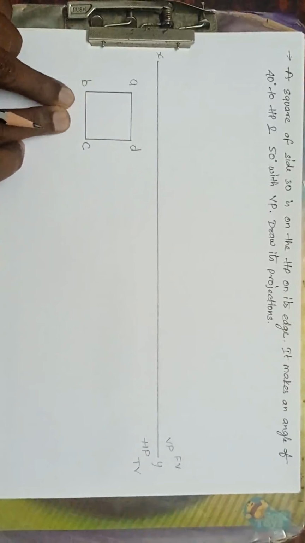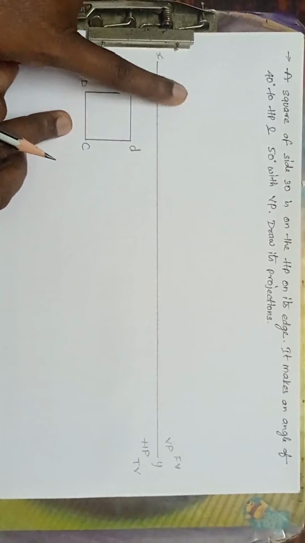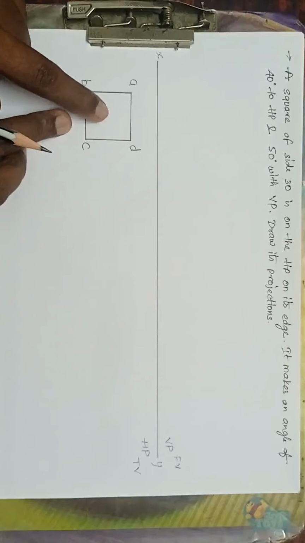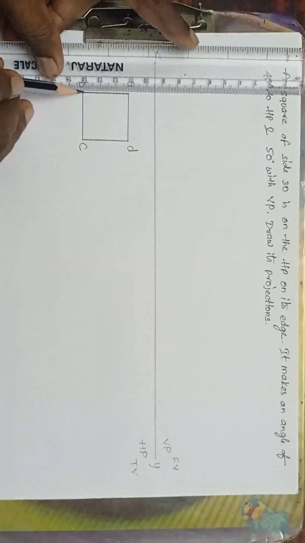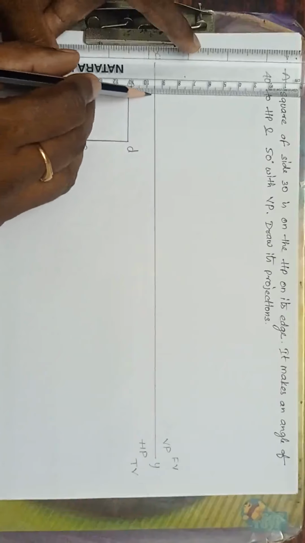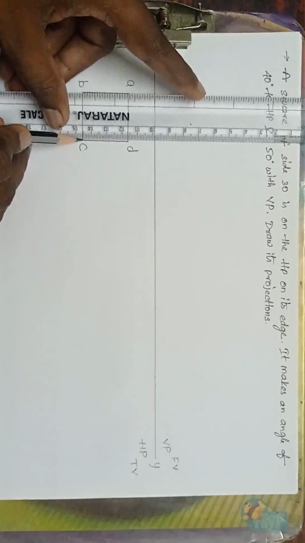It is a top view. In the front view, I can see this plane as a line. So I'll draw the projectors. From AB, drop a light line. This line should be very light. This is a projector.